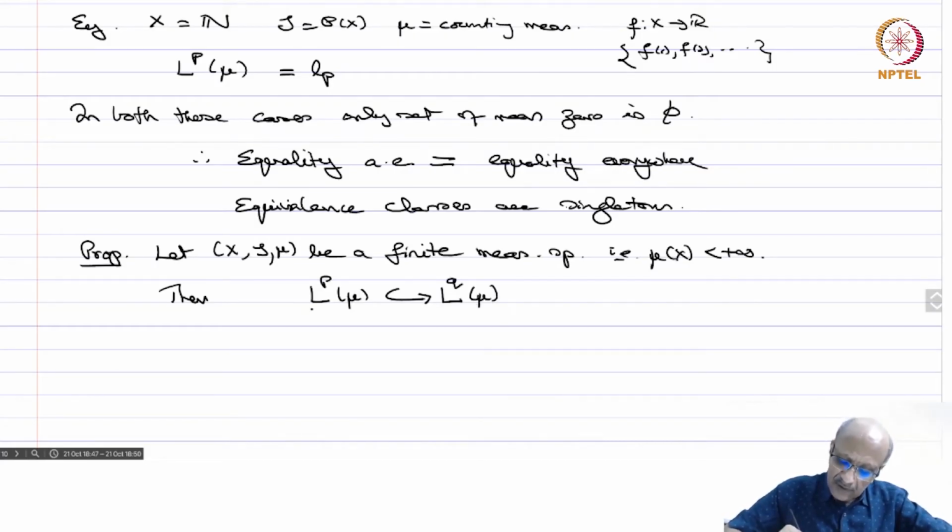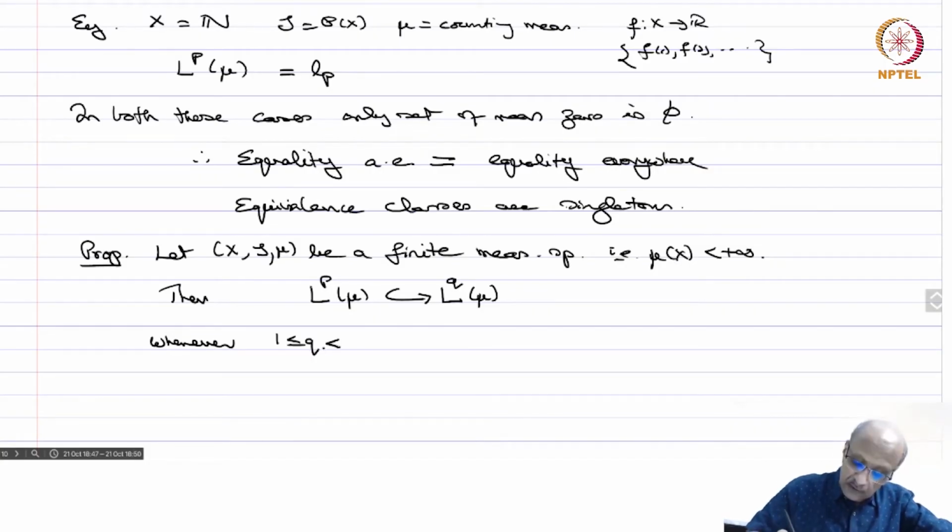That means this is a subset, and the inclusion map is a continuous linear map, whenever you have 1 less than or equal to q less than or equal to p. So when p is bigger than q in a finite measure space, Lp, the bigger p, is always contained in the smaller Lq. Okay, so proof.